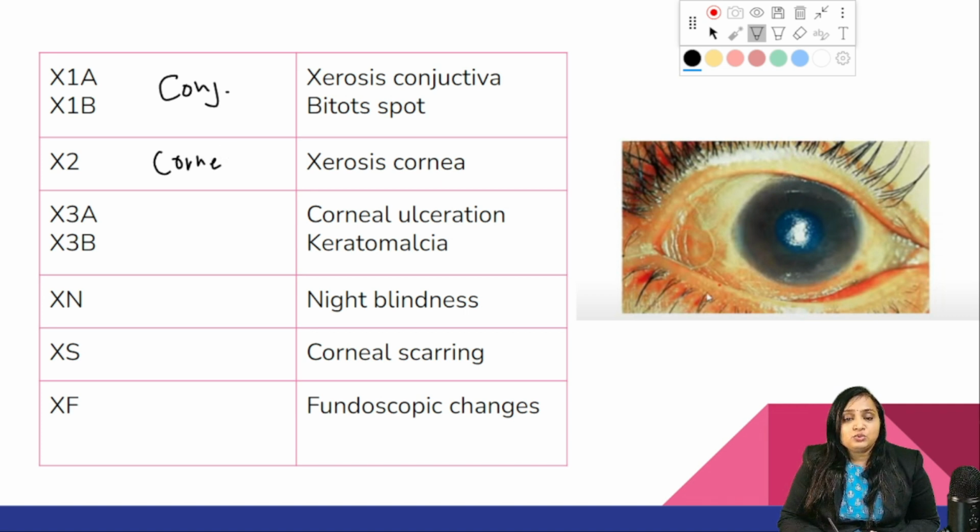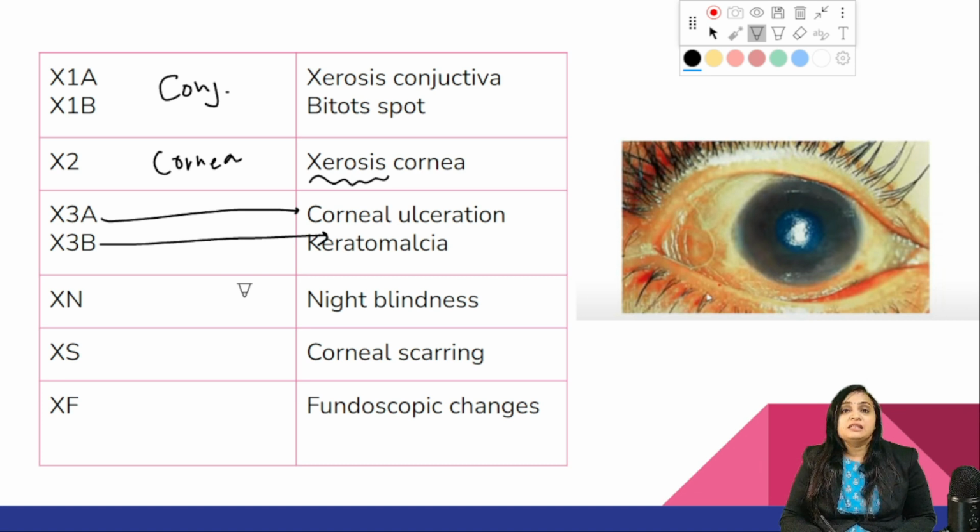In stage 2, there will be only dryness of cornea, which is called xerosis of cornea. In 3A, the intense problem will be in the cornea. So 3A will be only ulceration, while 3B is keratomalacia, which is liquefaction and ulceration of the cornea. XN stands for night blindness, XS stands for corneal scarring, and XF stands for fundoscopic changes.